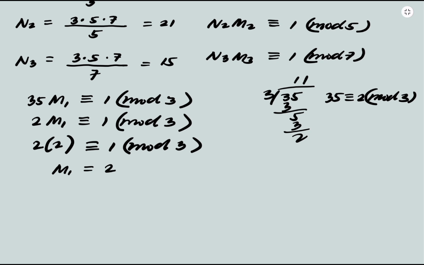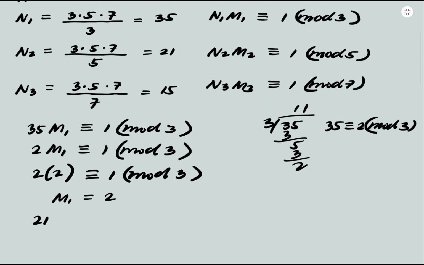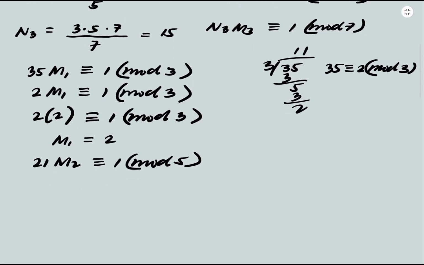Now, let us solve for the value of m sub 2. We have n sub 2 is 21. 21 times m sub 2 congruent to 1 modulo 5. Now, we know that 21 divided by 5, the remainder is 1, right? So therefore, m sub 2 here is equal to 1. Okay? So next, let us solve for the value of m sub 3.